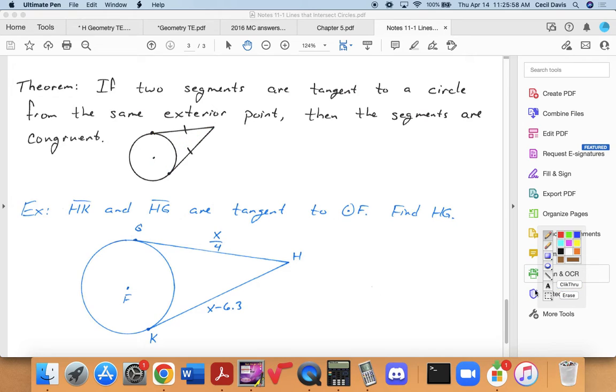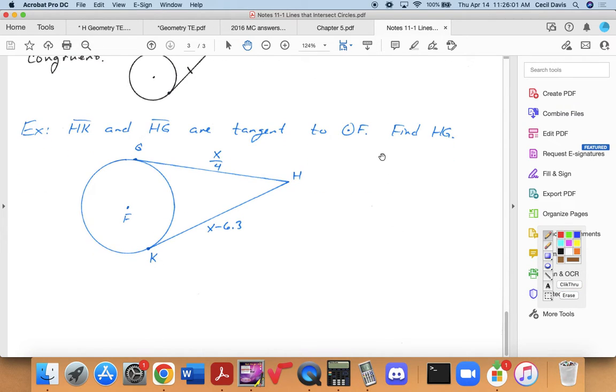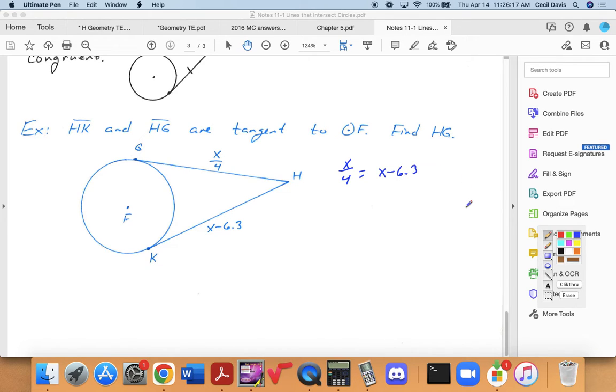All right, so let's do an example problem here. HK and HG are both tangent to circle F. Find the length of HG. Well, I know that x over 4 is equal to x minus 6.3. There are many things you could do at this point, but what would make the problem simplest in the long run?